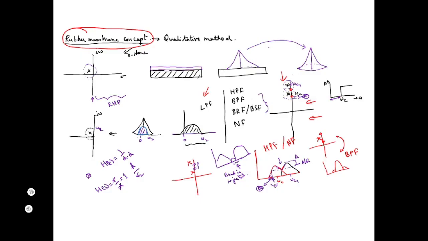So if I place a pole over here, as I told you, you are getting a cone. If you look at this pole location, it is near to the j omega axis. Why am I saying it is nearer to the j omega axis? Because we are only interested in the frequency axis. We are only interested in what is happening on the frequency axis when we are placing the pole or the zero.